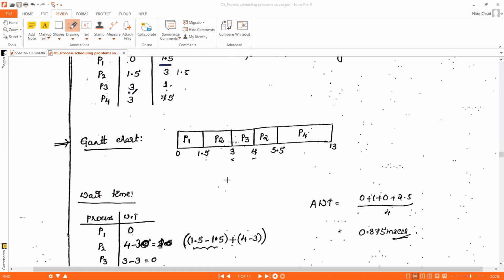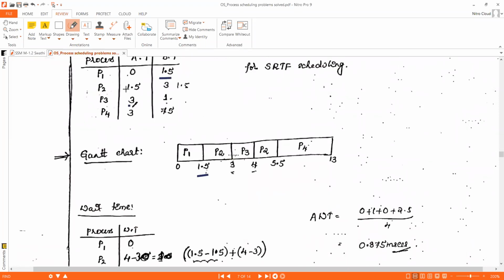Next, for process 2, what is the allotted time? Process 2's allotted time is 1.5 milliseconds. The arrival time of process 2 is 1.5 milliseconds. So 1.5 minus 1.5, plus process 2 is allotted the CPU a second time. That second allotted time is 4 milliseconds minus the previous preempted time, which is 3 milliseconds.